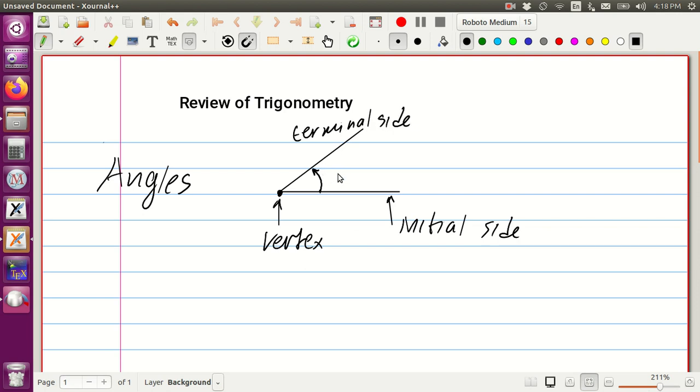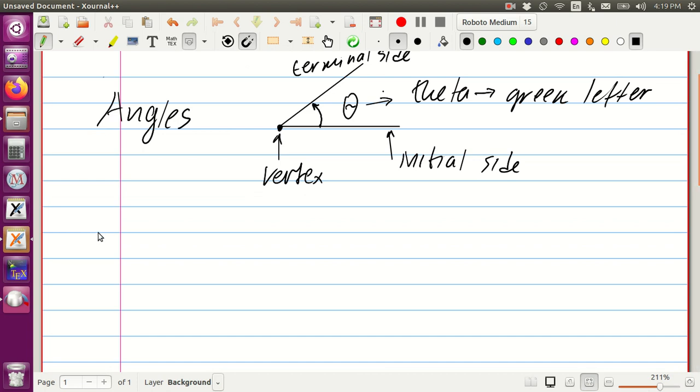And for angles, we usually use Greek letters: alpha, beta, gamma, and often we're going to use theta. So theta is a Greek letter. People usually define the so-called standard position for the angle.